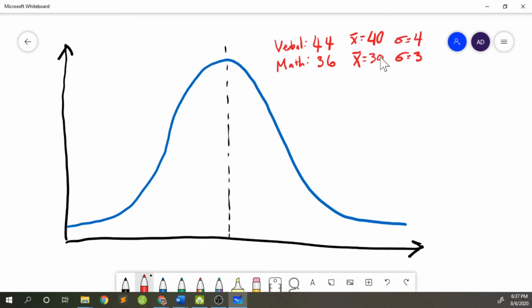It's hard to tell. So what we can do is say, well, we know what the distribution looks like. Can we compare across these two? In other words, can we normalize or stretch the two distributions out so that they match up exactly and see where we fall relative to everybody else? So that's what we're going to do.